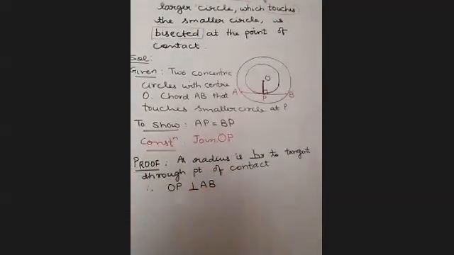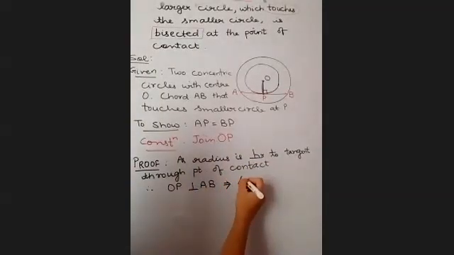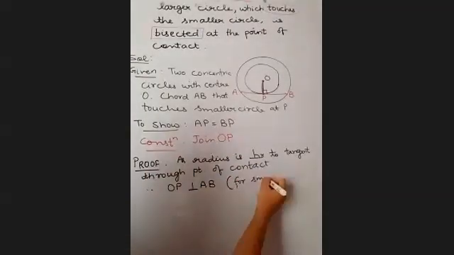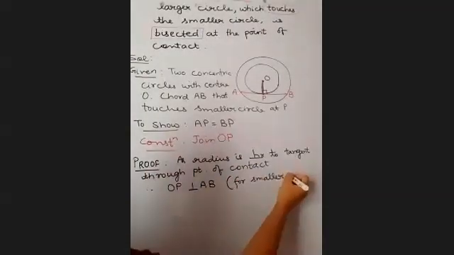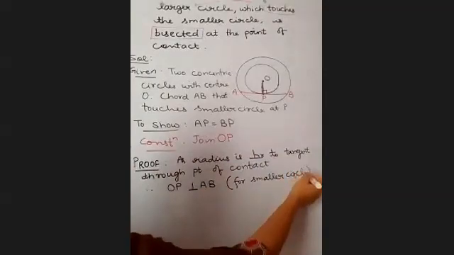This means, write in bracket, for smaller circle, because the tangent is to the smaller circle.